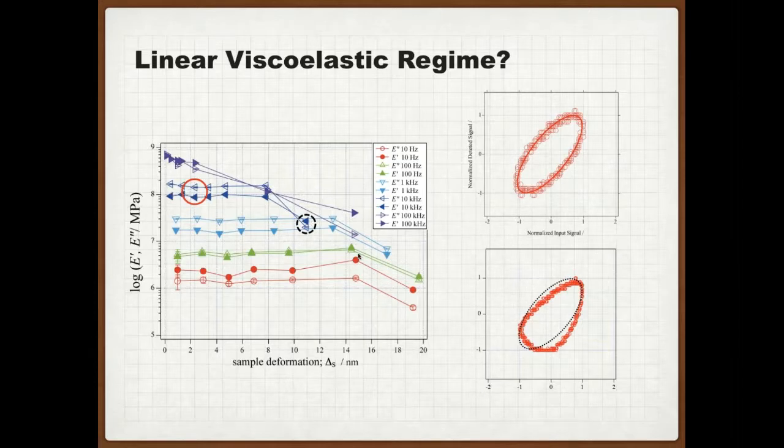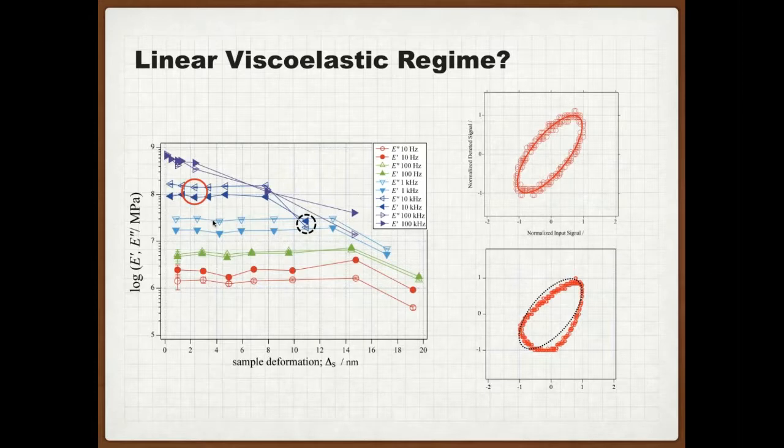Other frequencies also show a similar trend. Then the response is no longer ellipsoidal. The shape is a little deformed, which indicates non-linearity is starting to be observed, and the phenomena become more complicated. So you have to be very careful in your measurement to bring your experimental condition to a small amplitude.